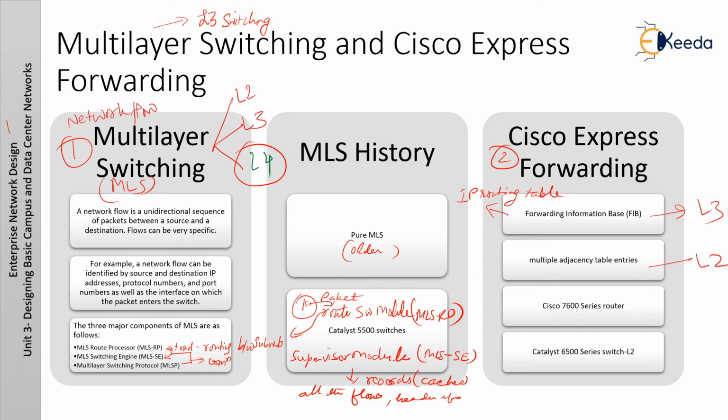And the adjacency table contains the frame header because it is layer 2, so it consists of frame header information, including the next hop address.